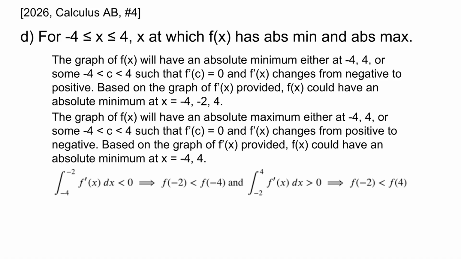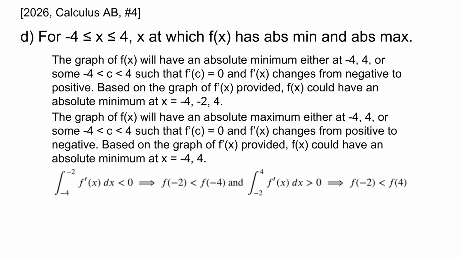Now, to figure out where the absolute maximums and minimums actually occur, we're going to compare some definite integrals. The integral from -4 to -2 of f prime of x dx is negative. The entire region is underneath the x-axis. This implies that f of -2 must be less than f of -4, even though we don't actually know what those values are.